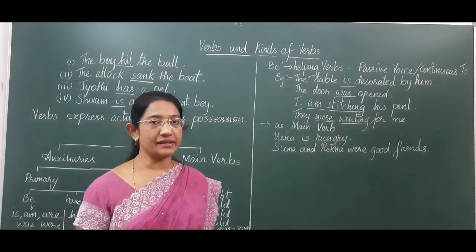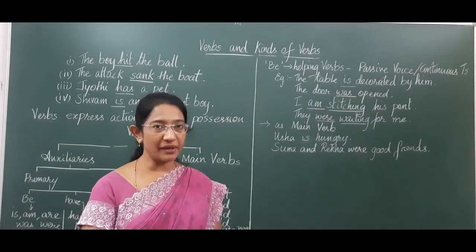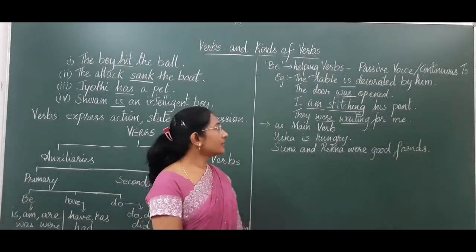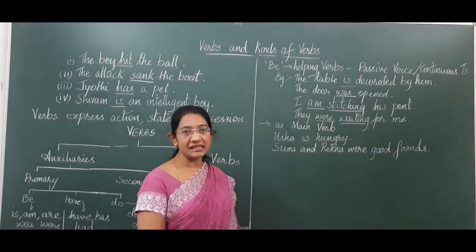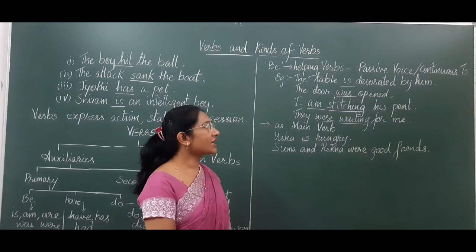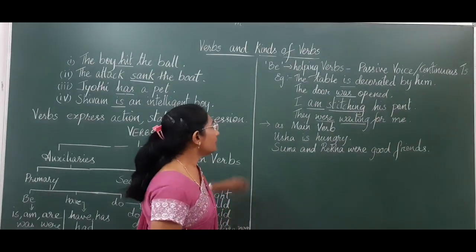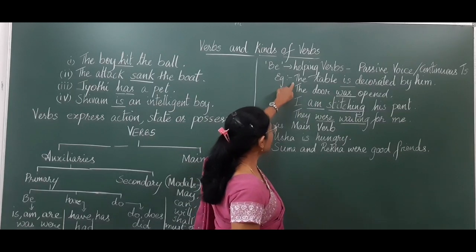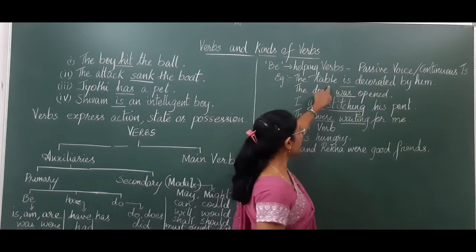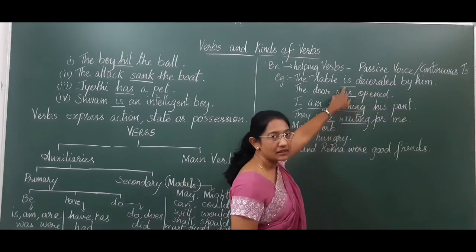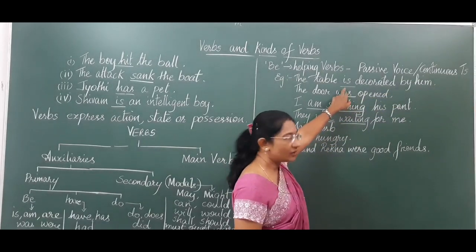Now we shall see the uses of be verbs. Be verbs help to form passive sentences in a passive voice and also to form continuous tense. For example, in the sentence, the table is decorated by him, is is a helping verb.